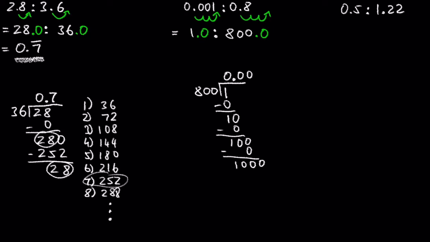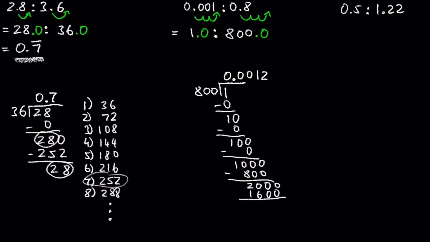Now it's getting interesting. The 800 goes into the 1000 one time. 1 times 800 is 800. Subtract 800 from 1000 and we get 200. Bring down the 0. The 800 goes into 2000 2 times. 2 times 800 is 1600.